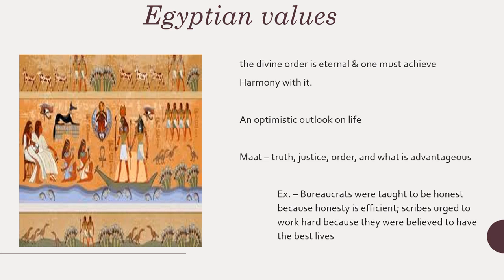Government scribes were urged to work hard because they were considered to have the best lives. So their bosses, the pharaohs, would basically say, "Hey, look, you got it made, and so you better stay true to truth, justice, and order for the benefit of this kingdom, the benefit of this government."